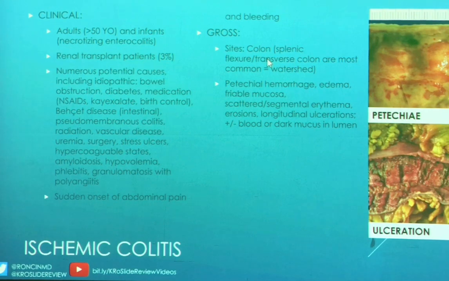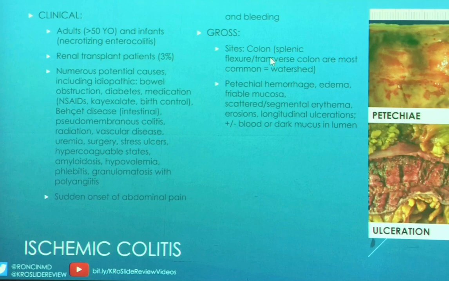So symptomatically, they'll have sudden onset of abdominal pain and GI bleeding. So this can look either like petechiae, or you can have full ulceration depending on how extensive it is, how long it's been going on, and where it really likes to go is the area of the splenic flexure of the transverse colon, and that's because that's a watershed area.